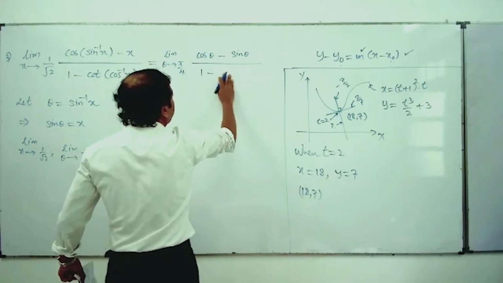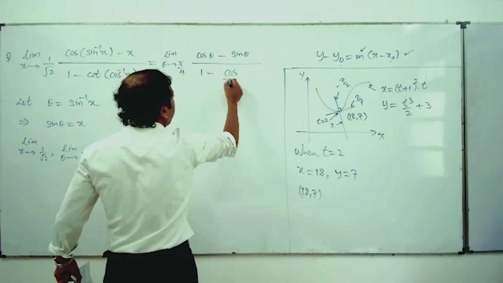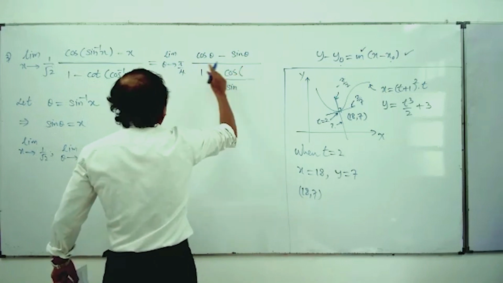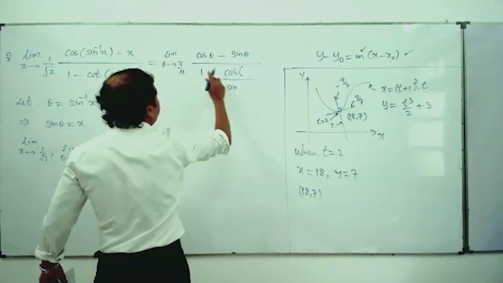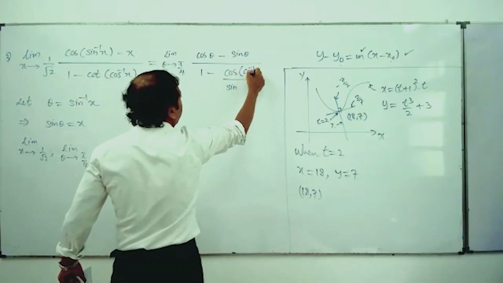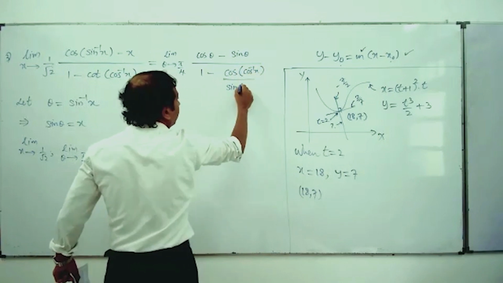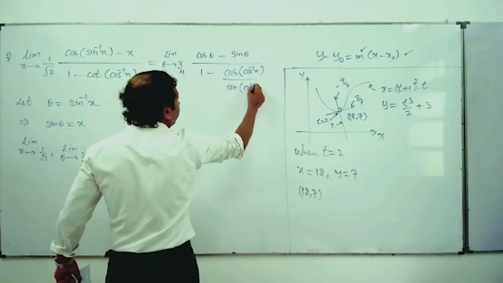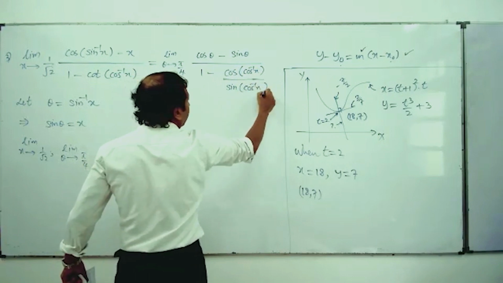Cot means cos divided by sin, so cos divided by sin of cos inverse x is the cot. Here we write cos inverse x. Right?